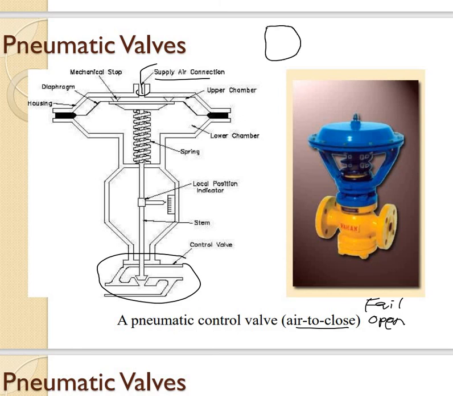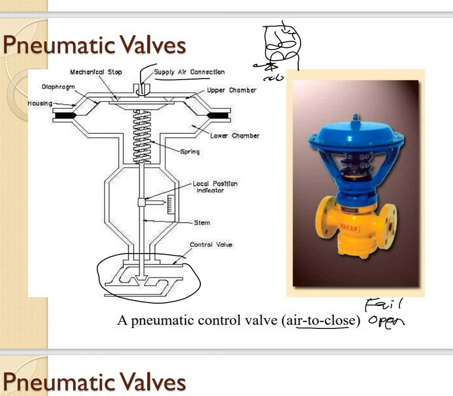For example, this is the reactor. So this is the cooling water, for example. We need to maintain the temperature inside here. So we use the control valve here to manipulate the cooling water.